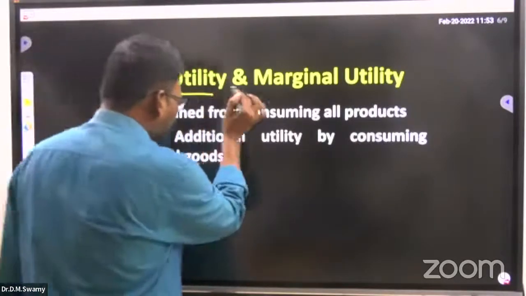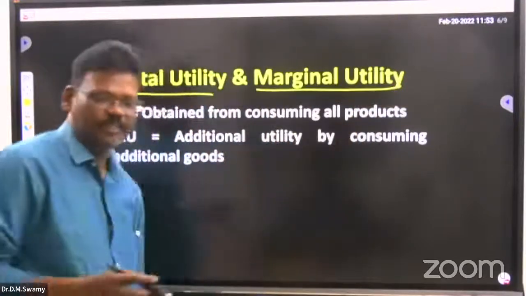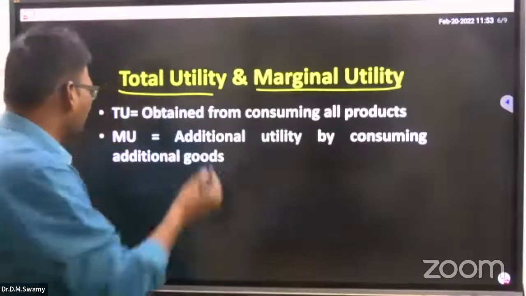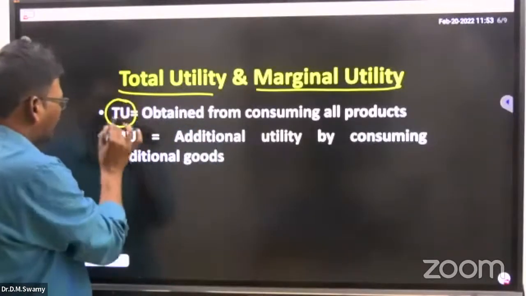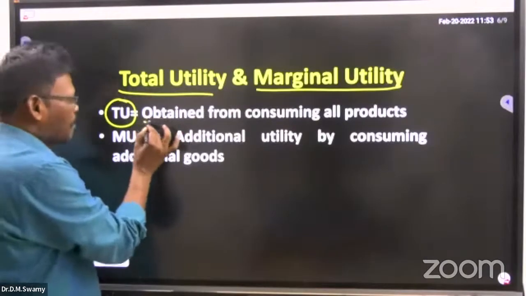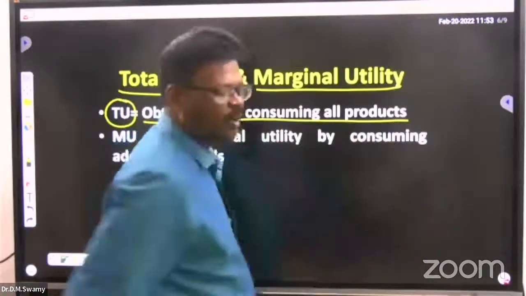One is total utility and another is marginal utility. You have to understand these two points. Total utility, TU, is the utility obtained from consuming all products.